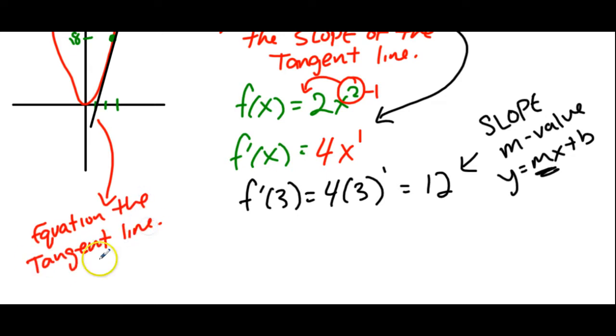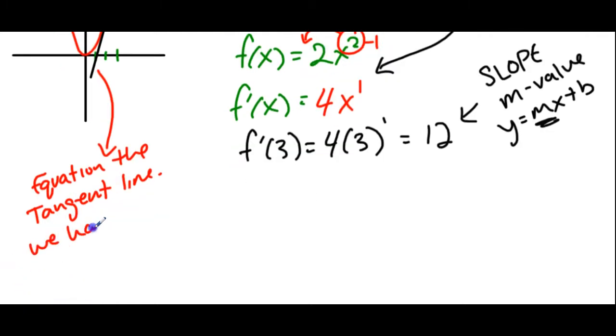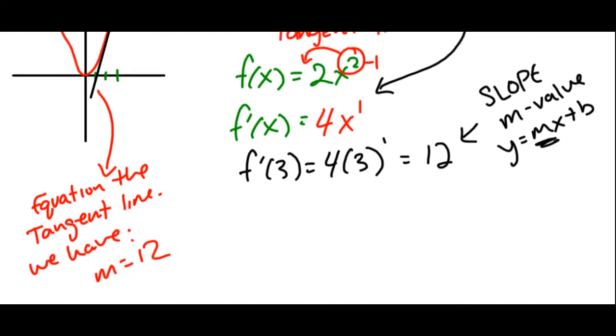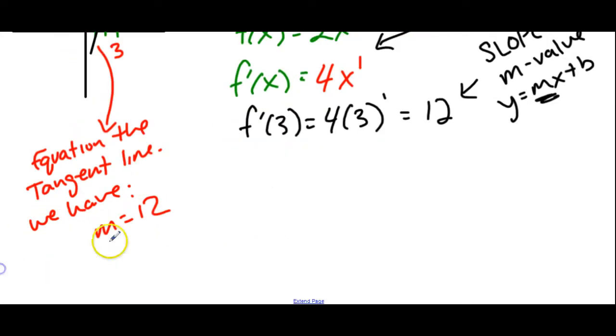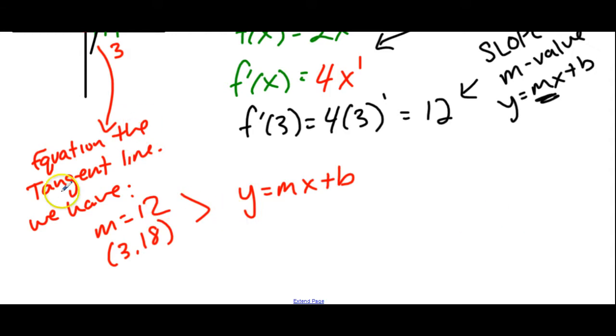How do we do that? Let's say we have m equals 12. We have our slope. We want a point on this line, and we already know that the point 3 comma 18 is on that line. So we're going to use these and put them into y equals mx plus b to find our equation. We put 18 in for the y, 3 in for the x, and 12 in for the m.